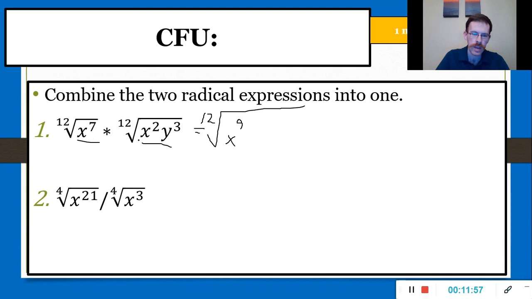It's 9. And the y, well, there's no y over here, but I'm just going to assume there's a 1, and 1 times y is just going to be y cubed. So, simplify this, because you should always simplify.